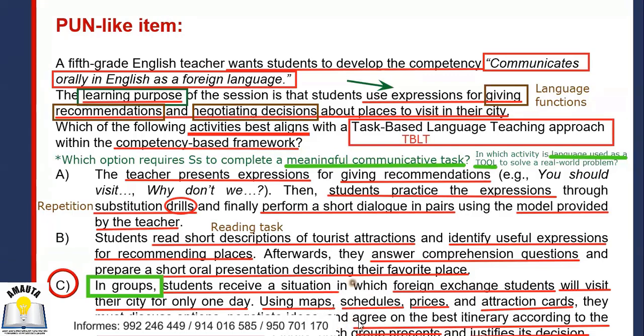This is very high cognitive demand too, all right? They work collaboratively here, right? They should interact with each other. They should communicate with each other in groups to find out what the best itinerary is, right?